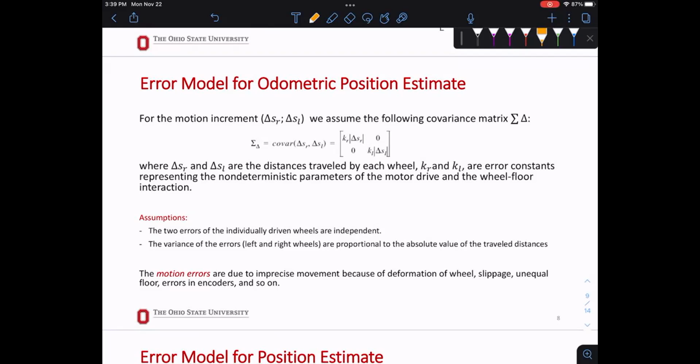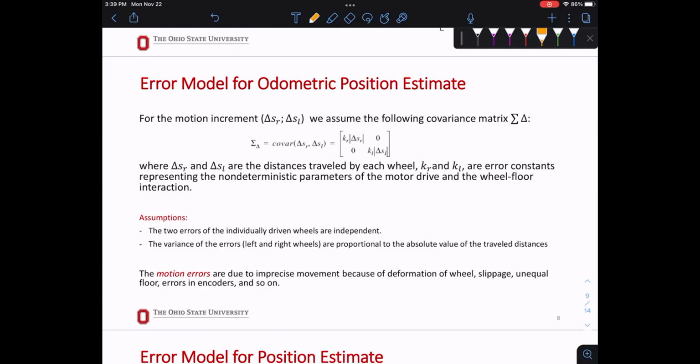You usually, when you're modeling for Kr, Kl, you will usually calculate. So you will run a few tests to figure out what kind of error you have. Then you give a number, let's say 0.1, 0.001. So every time you move, instead of going 1 meter, you go 1.001, right? So you say this must be, then you turn right to see how much it impacts on turning right, how much on turning left, and say, okay, I'm going to say 0.01 on the right wheel error, 0.05 on the left wheel.